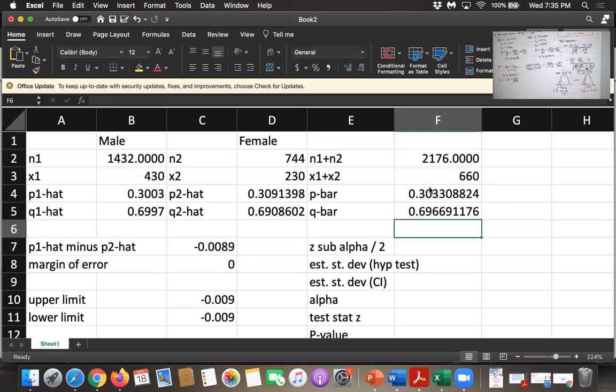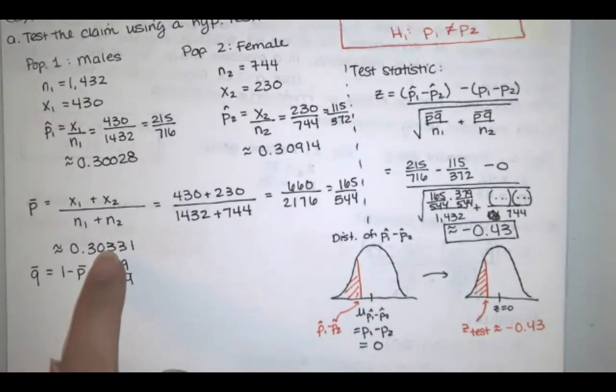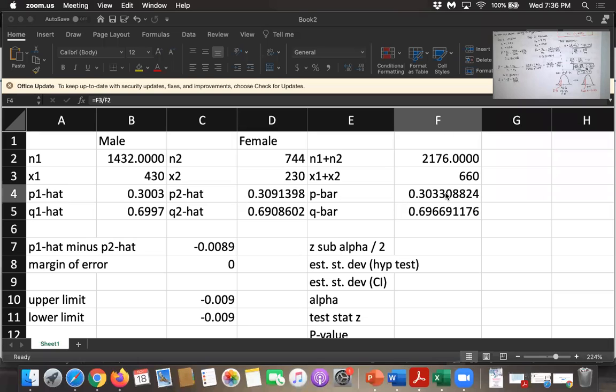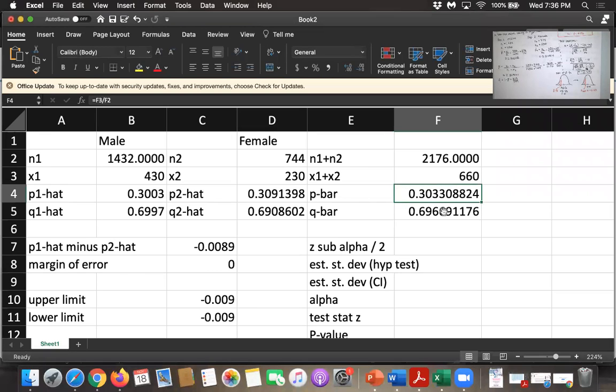Now notice that these values, P bar and Q bar, are the same as the values that I have down here. I had a P bar of approximately 0.30331, and then 1 minus that is going to be approximately 69%, but in decimal form, for Q bar. And see, that's exactly what we have here and here.